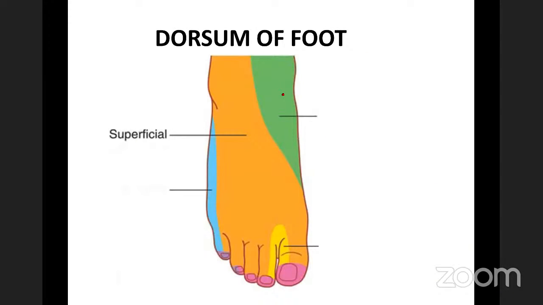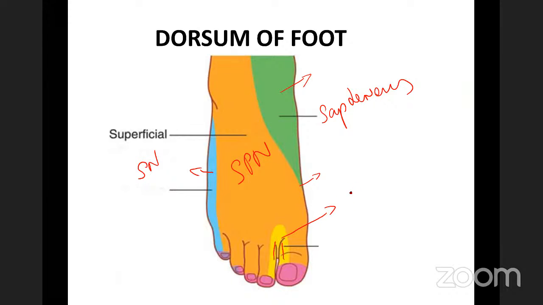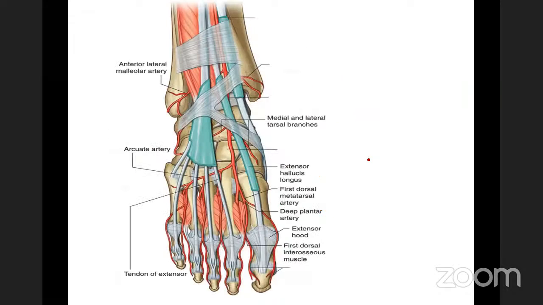And this very important MCQ is the cleft between the first and the second toe is supplied by the deep peroneal nerve. Now we will see one more important thing.